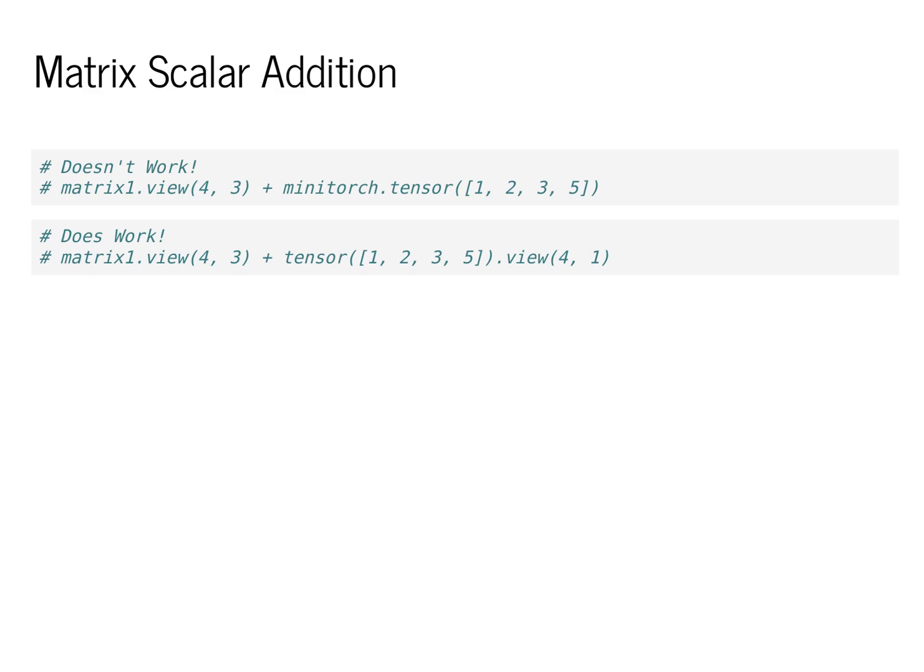If I apply rule 2, which says that I'm allowed to explicitly add dimensions of shape 1, I can interpret the vector as being shape 4 by 1. If I do this with a call to view, I now have a matrix that's 4 by 3 and one that's 4 by 1. These therefore broadcast by rule 1, giving us an output matrix that's 4 by 3.